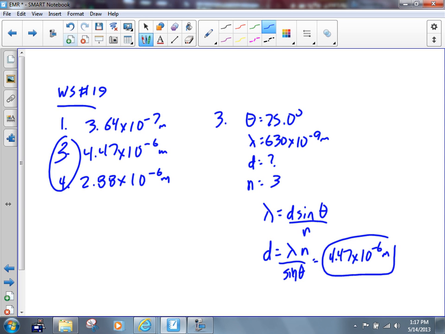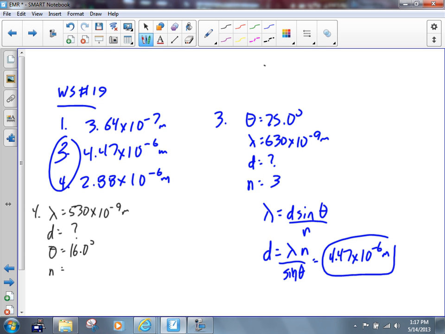And number 4 says light of wavelength 530 nanometers is shown on 2 slits. We're going to say lambda in this one is 530 nanometers, or 530 times 10 to the minus 9 meters. We want to find the distance between the slits, little d, if the angle from the central max to the second minimum is 16 degrees.